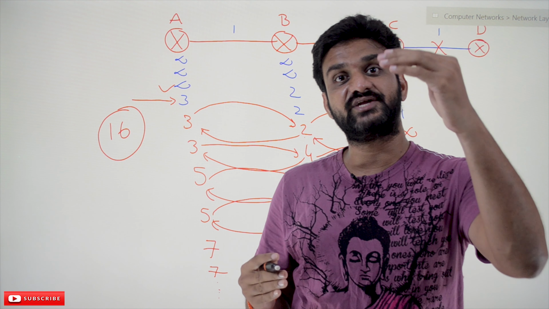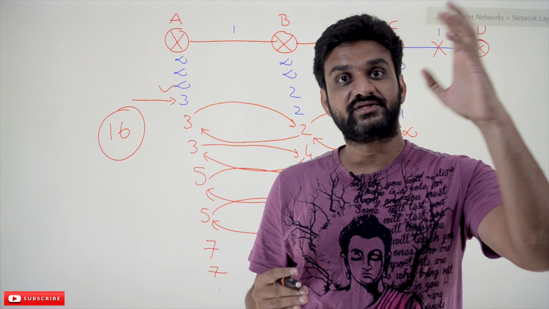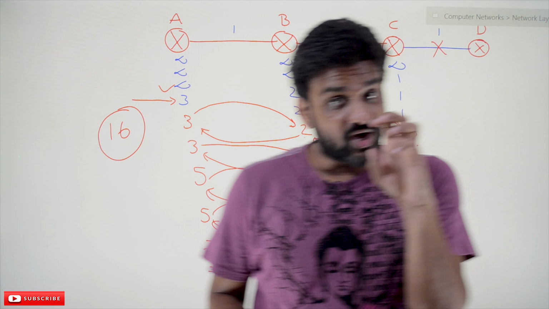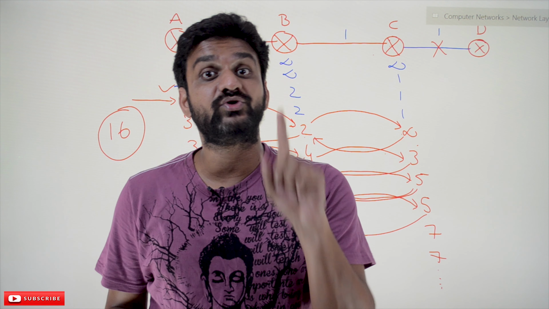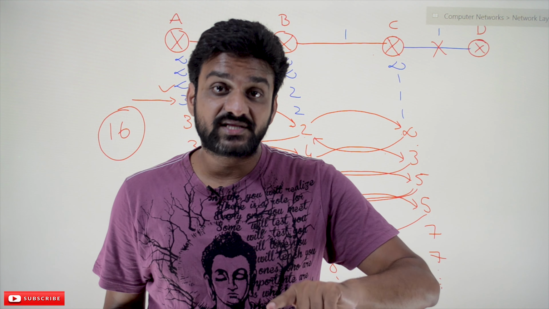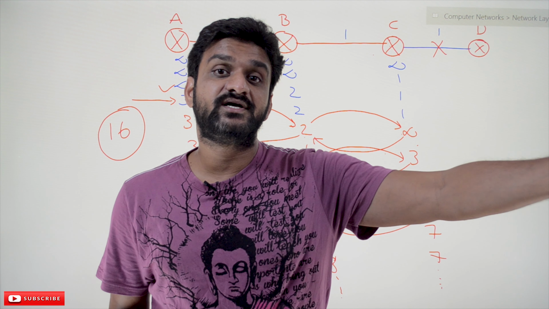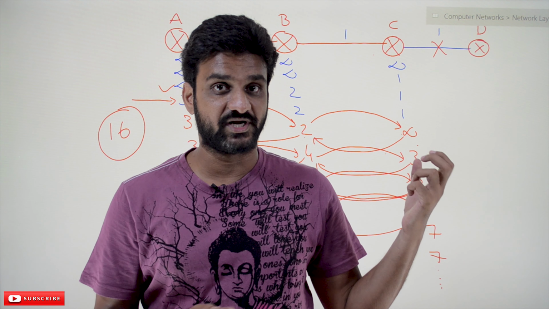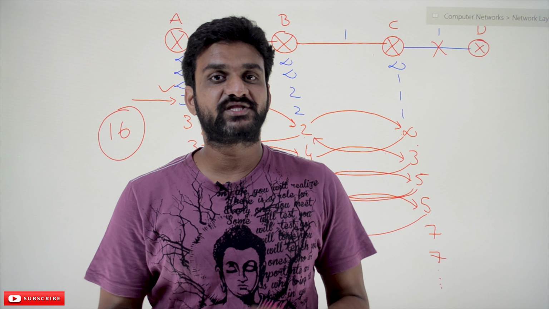If it reached infinity, it means there is something wrong in the network. So this problem is what we call the count to infinity problem, which occurs in the distance vector routing algorithm because of the routing loops that we have seen in our previous class. Hope you got the clarity on this concept.